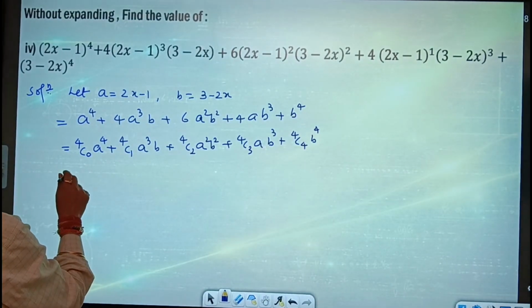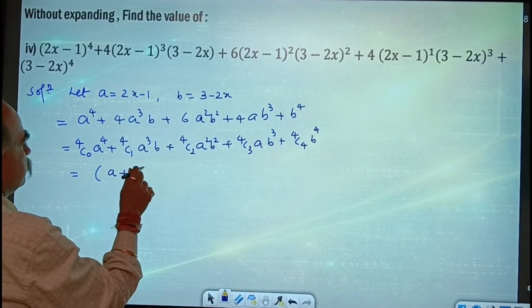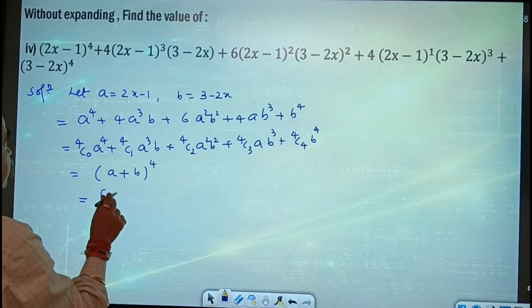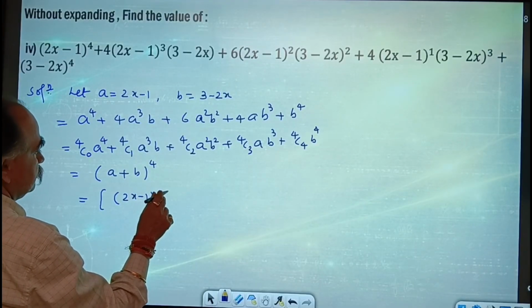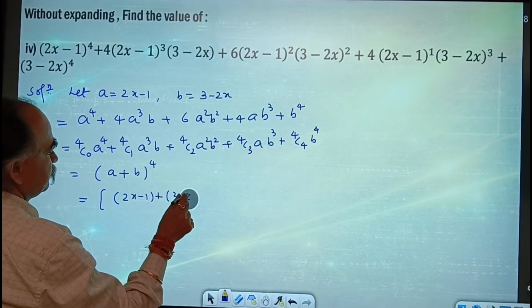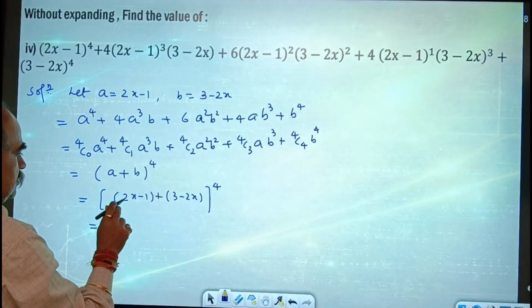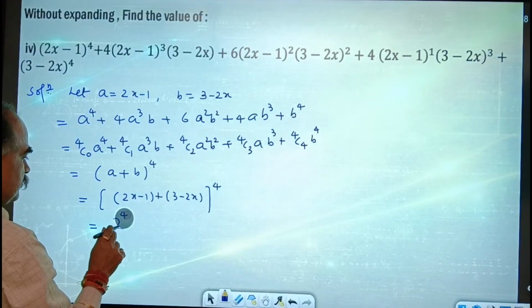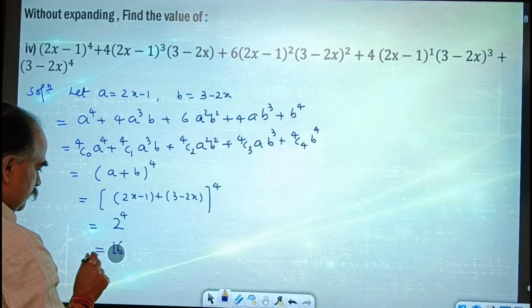Expansion of A plus B raised to 4, which is 2x minus 1 plus 3 minus 2x. 2x minus 2x cancel. Minus 1 plus 3 is what? 2 raised to 4, which is 16.